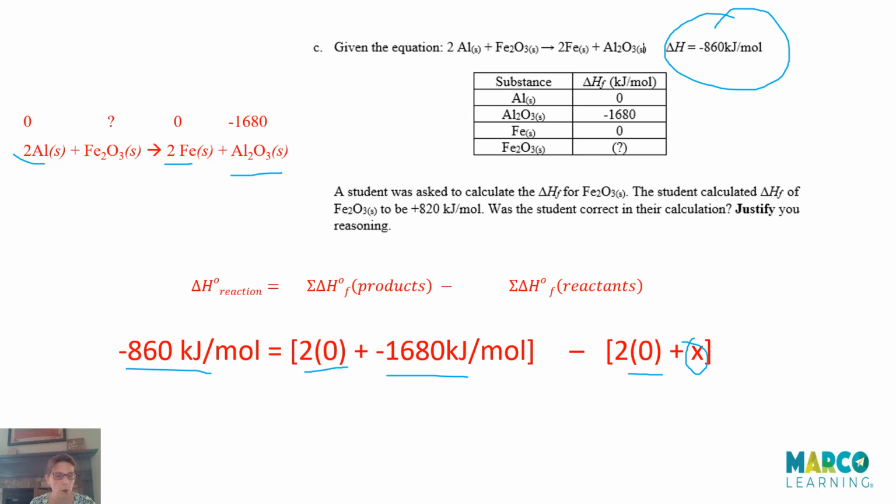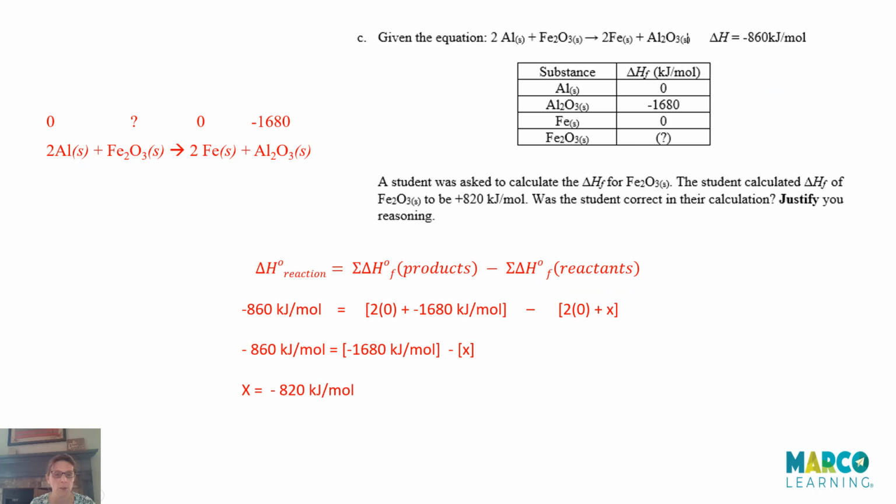So now we're just going to go ahead, rearrange, and solve for X. So we get that negative 860 is negative 1680 minus X, and we end up with a value of X of negative 820 kilojoules per mole. Now, let's go back and look at what we were actually asked. You always want to make sure that you go back and finish answering the question and don't just move on, because you're not going to get your final point that way.